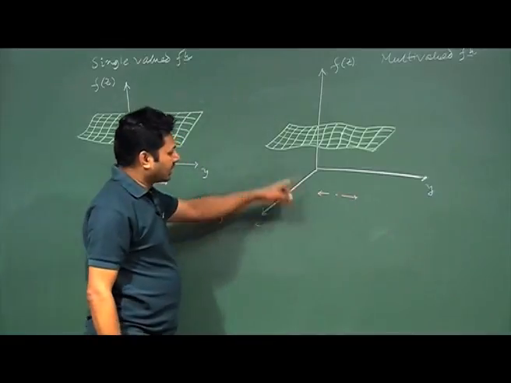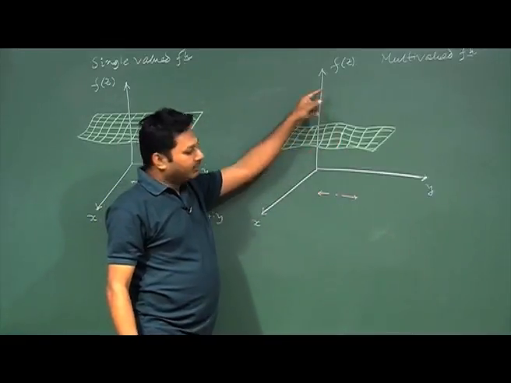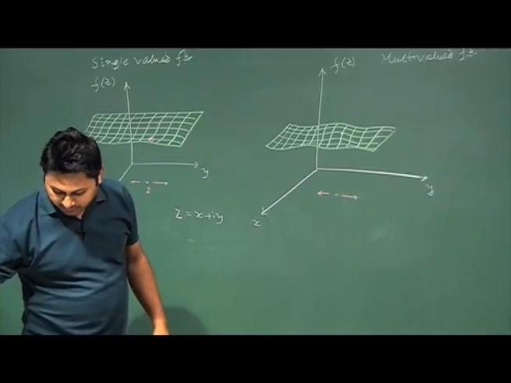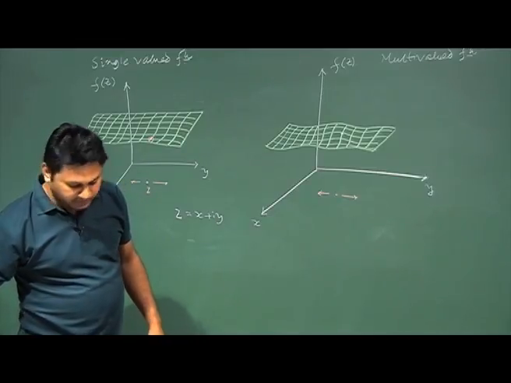So, this is surface 1. For this value I will have some point here, but I should have another surface because this is a multivalued function.